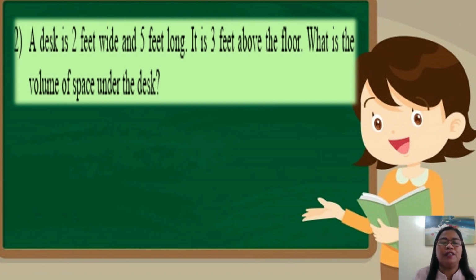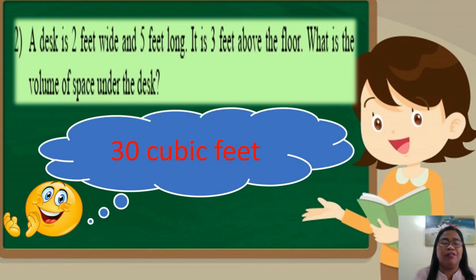If it is 3 feet above the floor, what is the volume of the space under the desk? Start answering now. What do you think is the answer? Very good. The answer is 30 cubic feet.